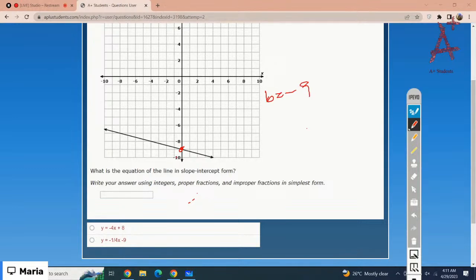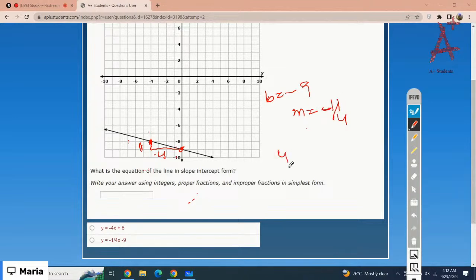Just select another point and calculate the slope. This one is the point. Just calculate the slope. So change in 1, 2, 3, 4. Change in x is 4 and y is 1. So slope equals negative 1 over 4.